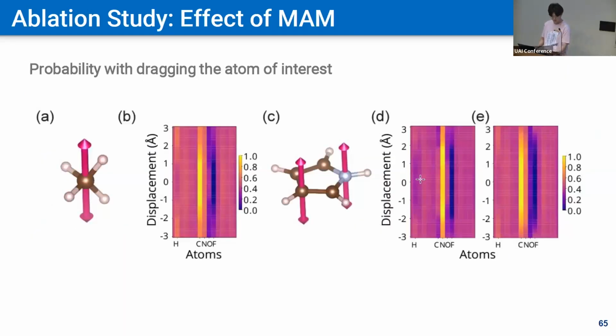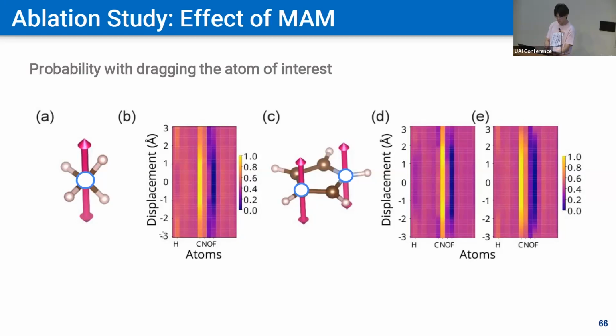We also conducted experiments to check whether the model learns the overall molecular structure when adding the masked atomic modeling. Here we masked the atom of interest and dragged the atom along the z-axis. And we could see that the model assigns a higher score to the ground truth species. Here, the heat maps on the right side represent the predicted score of the masked atoms by our model.